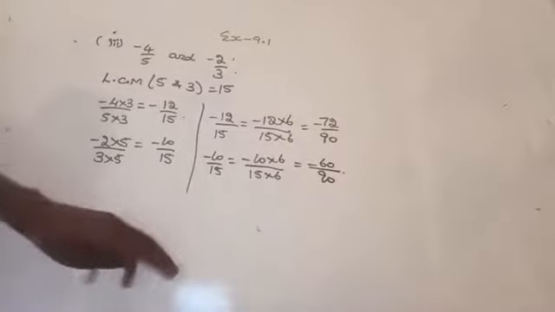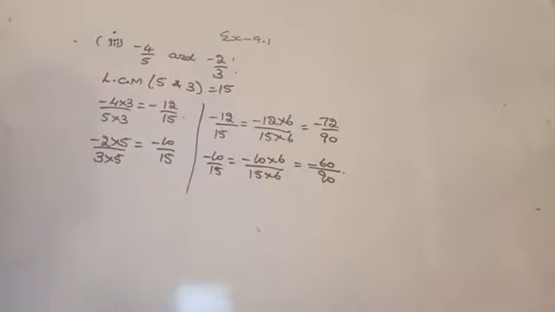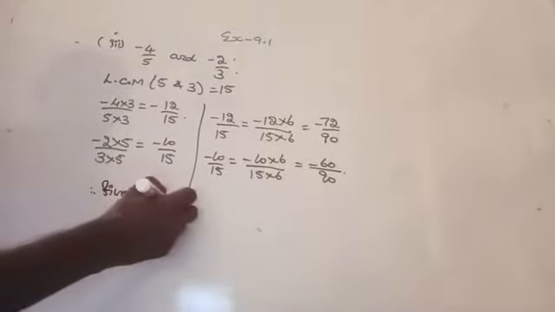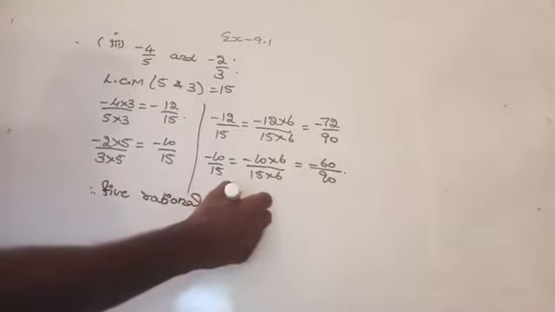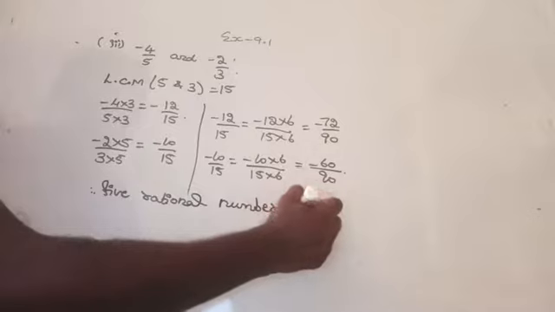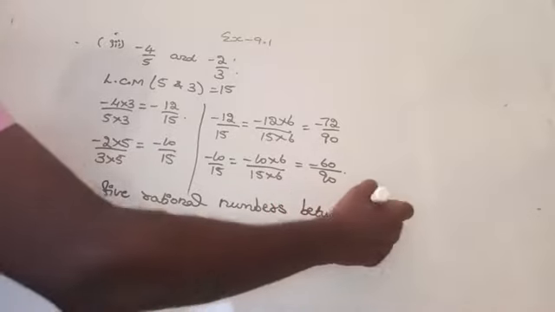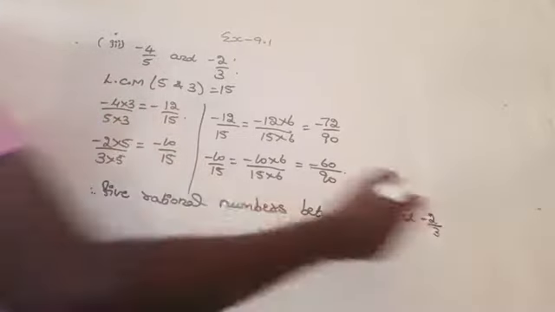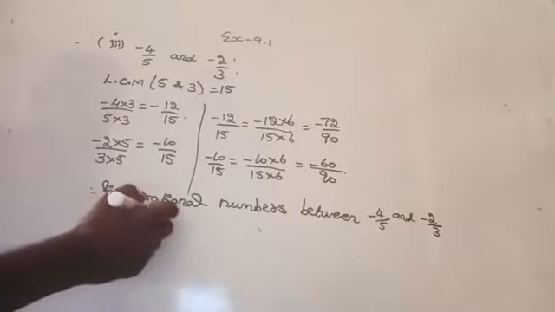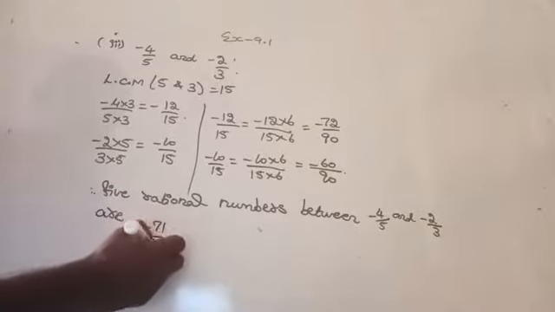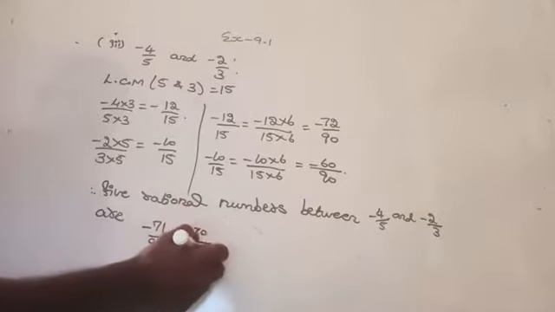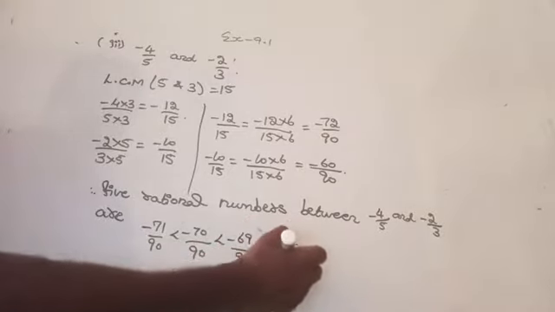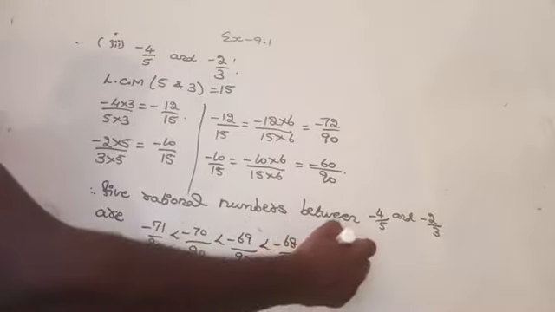Now we are getting more than 5 rational numbers between minus 72 and minus 60. So we can write now, therefore, 5 rational numbers between minus 4 by 5 and minus 2 by 3 are minus 71 by 90, minus 70 by 90, minus 69 by 90, minus 68 by 90, minus 67 by 90.